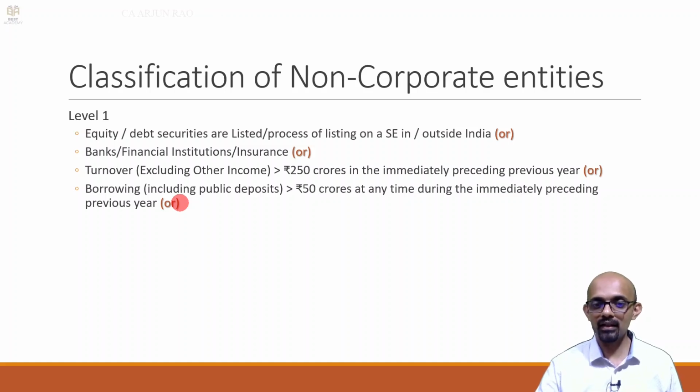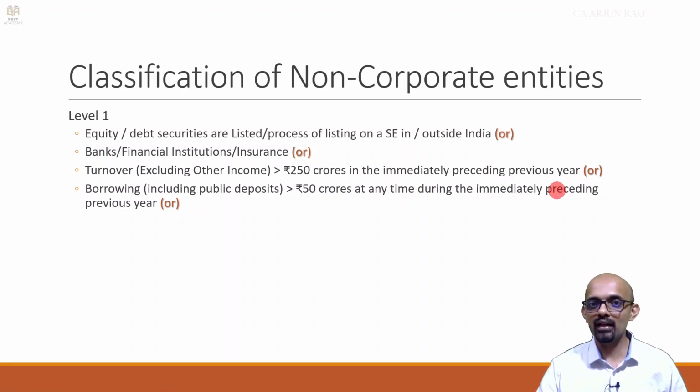We won't immediately say it is not a level 1 entity, because for level 1 entity borrowing should be greater than 50 crores. 31/3/24 borrowing is 40 crores. So it's not a level 1 entity. No. That borrowing, the balance of the loan account and other debts, if it exceeded 50 crores at any time during the immediately preceding previous year.